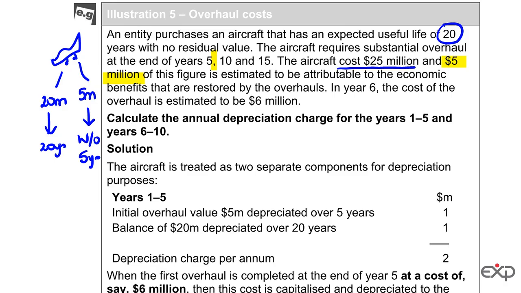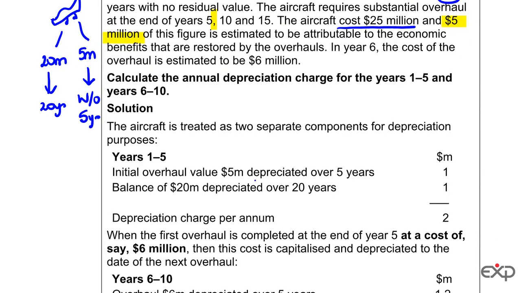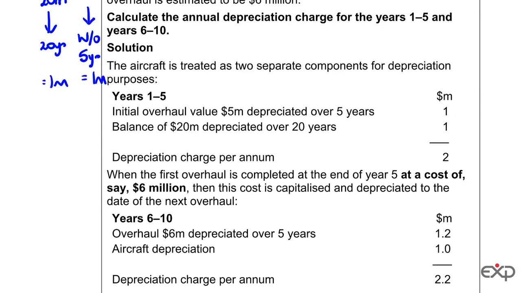So for the first 5 years, you've got 1 million depreciation on the overhaul and 1 million depreciation on the asset. When you get to the end of year 5, the value that relates to the overhaul has now gone. It's been depreciated.